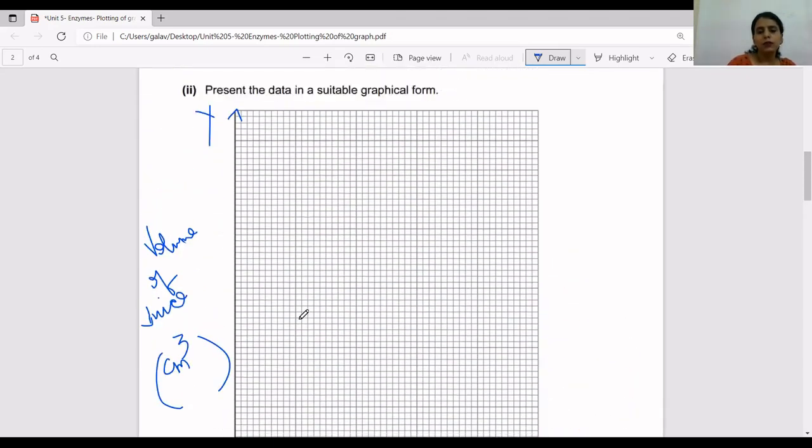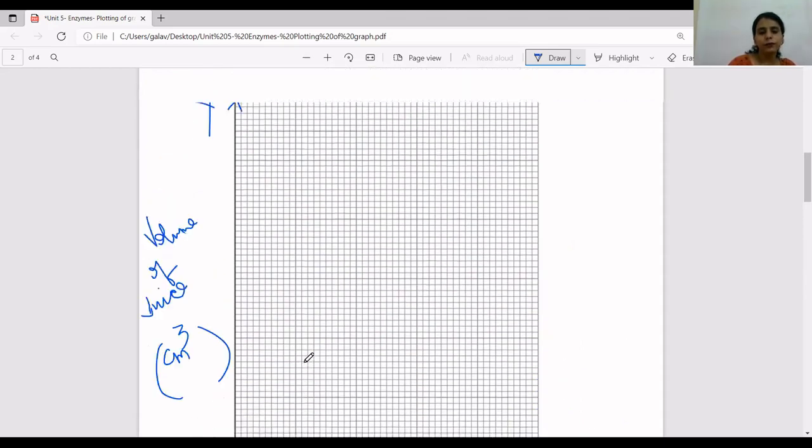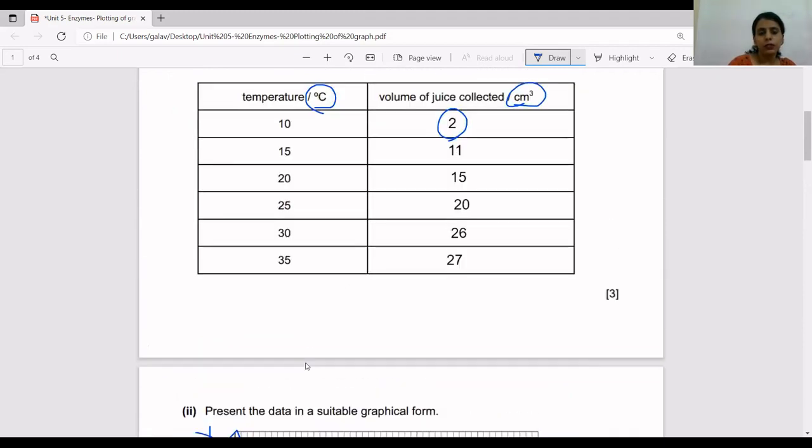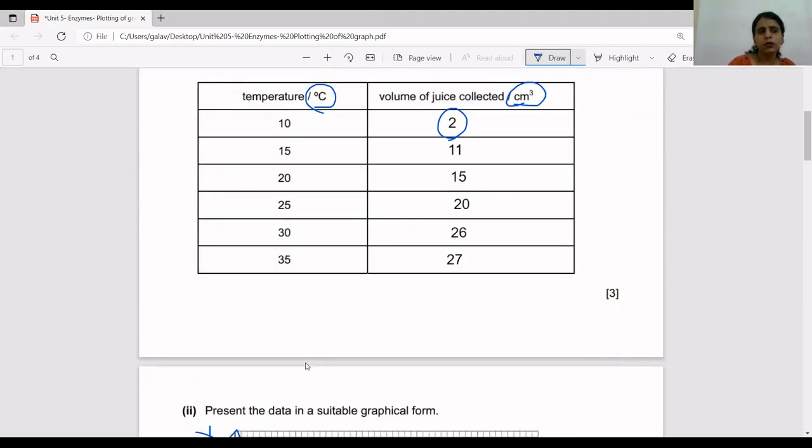Okay, next you have to use a suitable scale. This is your origin. Take this origin as 0. Now you have to use a suitable scale for temperature. You have to first check the table. The minimum temperature given here is 10 and the maximum temperature is 35.